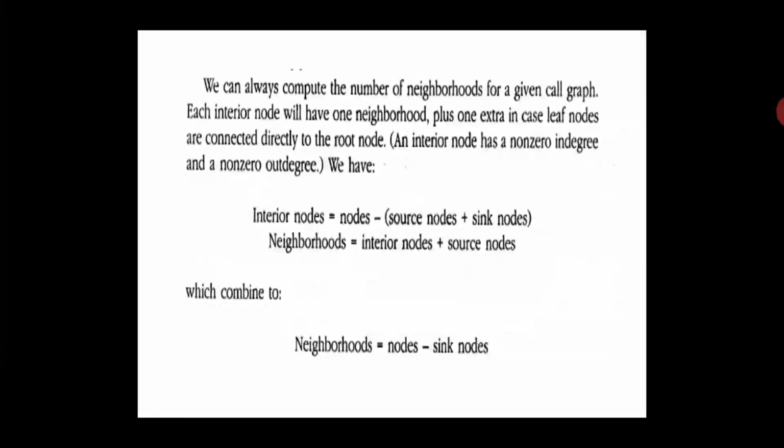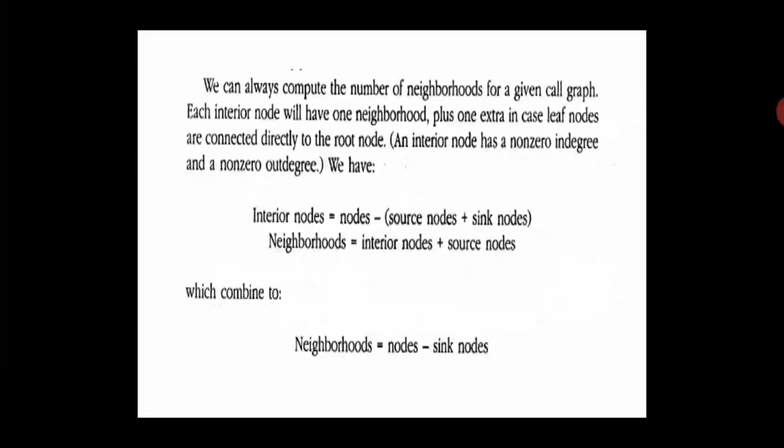Each interior node will have one neighborhood, plus one extra in case leaf nodes are connected directly to the root node. An interior node has a non-zero in-degree and a non-zero out-degree. Non-zero in-degree means there is an incoming edge from another node; non-zero out-degree means there is an edge going out of that node.